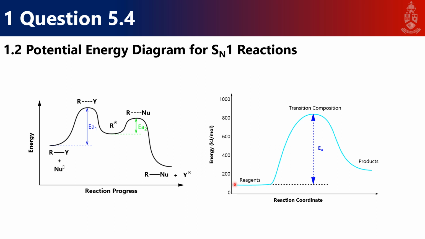Remember, you can sum the energies of reagents. Then you have what I call a transition composition. So what does the transition composition entail? The first hint is it's going to entail this carbocation intermediate, so it's definitely going to have that. Now remember, you need to keep all the other components, sum their energy, you get to this point.